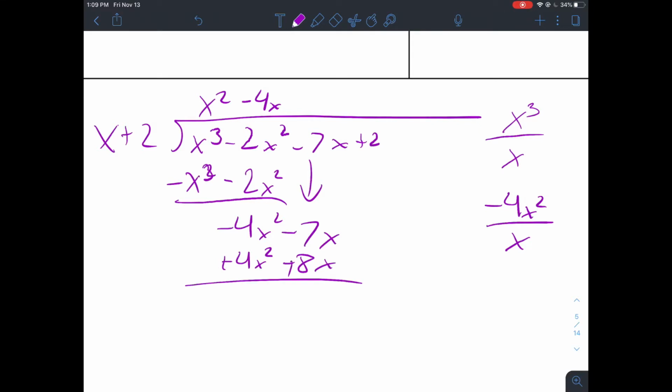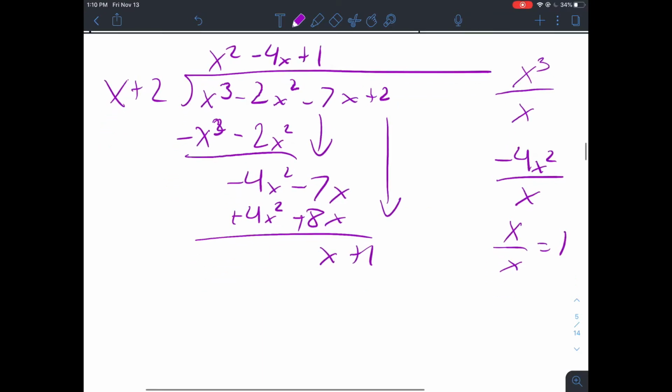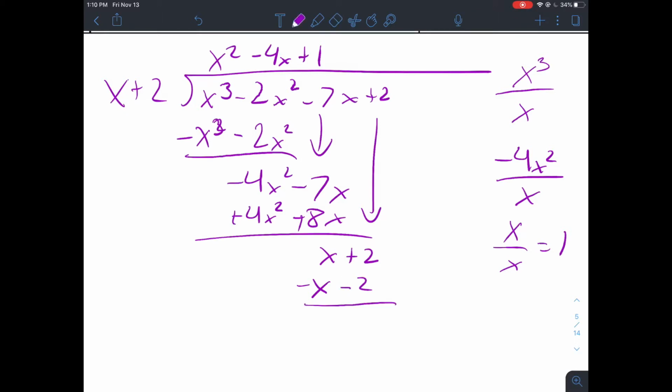And we get x, bring down our 2. x divided by x gives us a 1, so we're going to do a plus 1. Oh my goodness, I don't know where that 1 came from. That should have been a plus 2. Sorry, guys. Bring the plus 2 down. We multiply. We get x plus 2. Change the signs. We get 0.